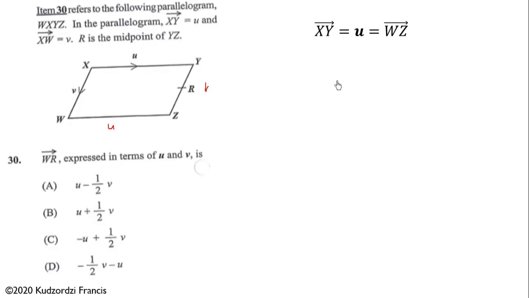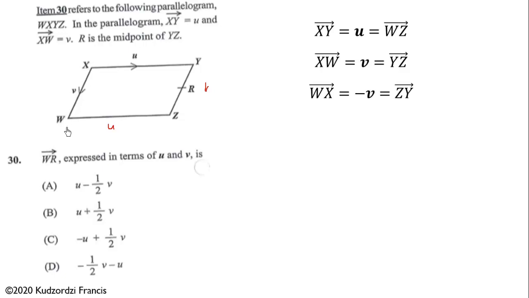Now we also have XW to be equal to v, which is equal to YZ. Now it means that WX, which is the negative of XW, will be equal to negative v, because it's moving in the opposite direction to XW.